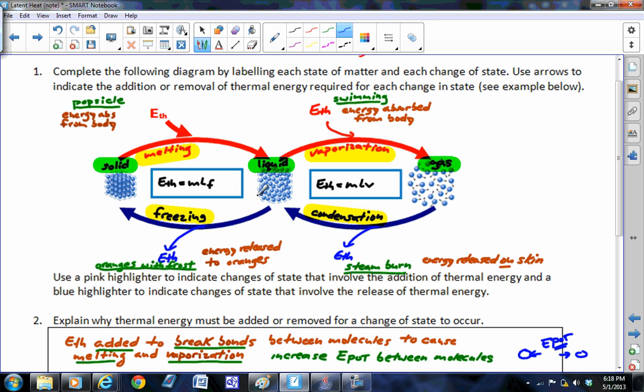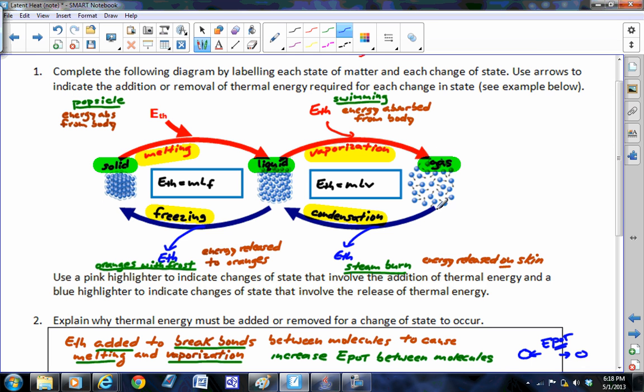And if I'm freezing something, I have to take that much energy away from the object, from the molecules, in order to freeze it. Now we also have on this side LV, latent heat of vaporization, and that's the amount of energy it takes to completely vaporize a kilogram of something. So in case of water, I believe it's about 2,300,000 joules per kilogram.